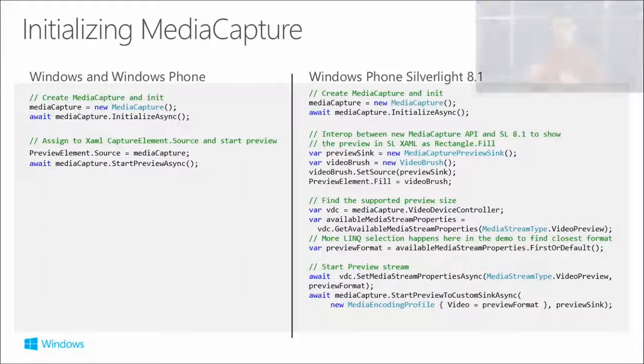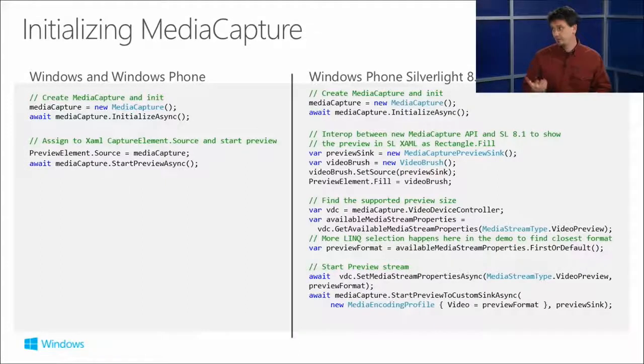Compare this to all the code we had in Silverlight and still have in Silverlight 8.1, where we have media capture, we initialize it, and we get a preview sink, we have a video brush, we have video device control. It's a lot more code. It is a less straightforward API for getting that live camera feed into the XAML UI, into the application.